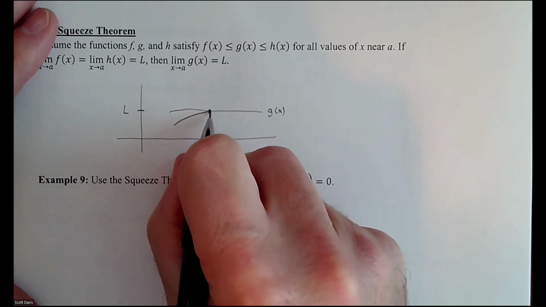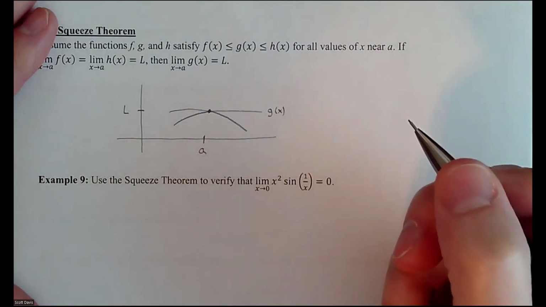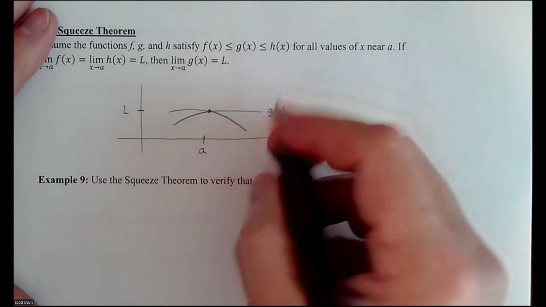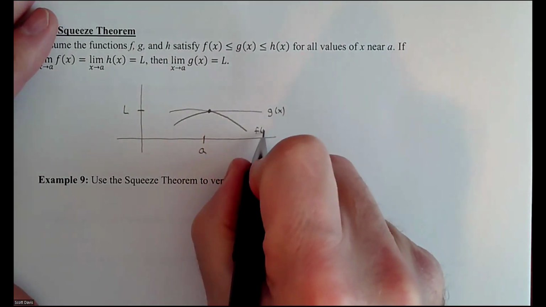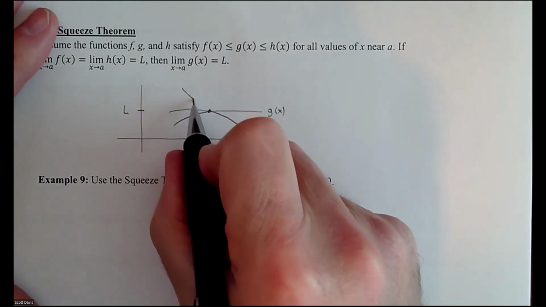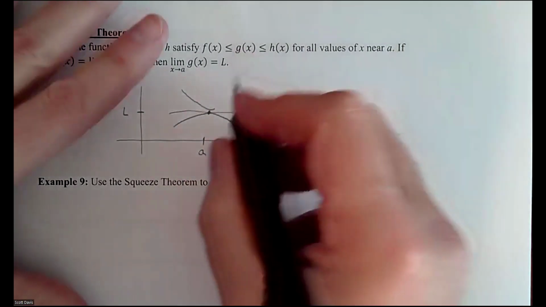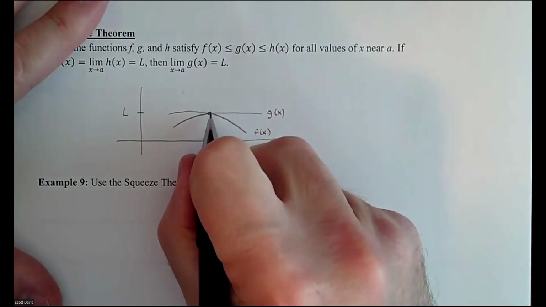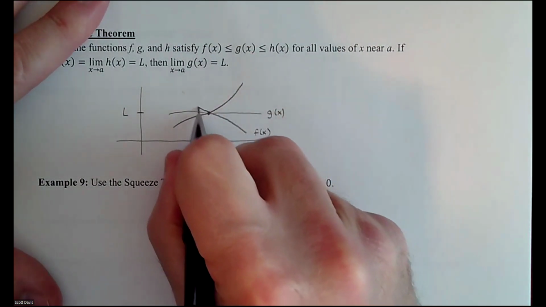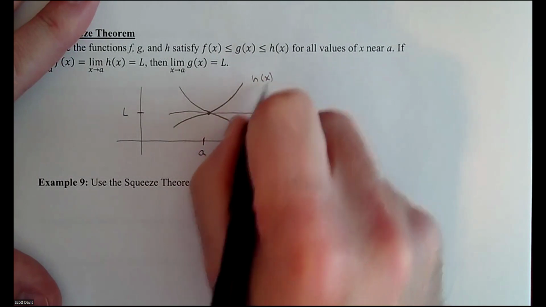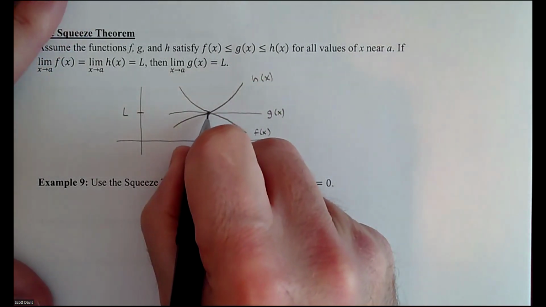We're going to have this f of x, where everywhere f of x is going to be less than g of x. So this is our f of x function. Then we're going to compare it with another function, h of x, which everywhere on this graph is going to be above, and they converge.